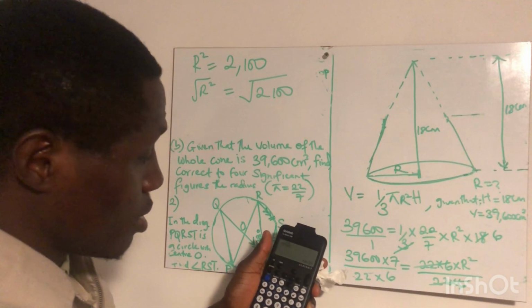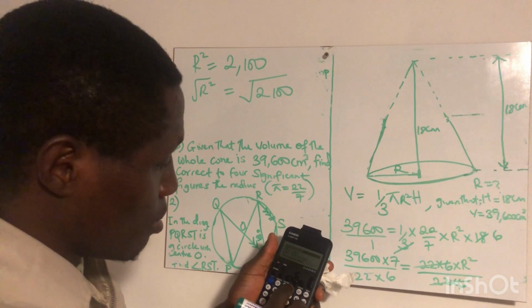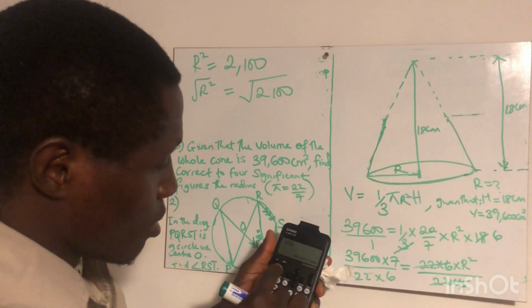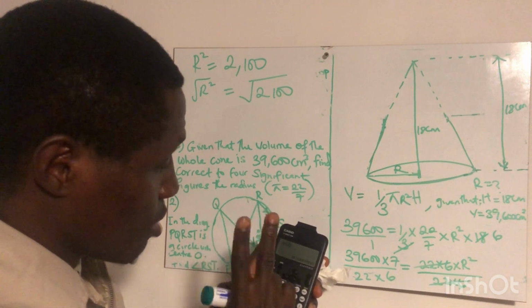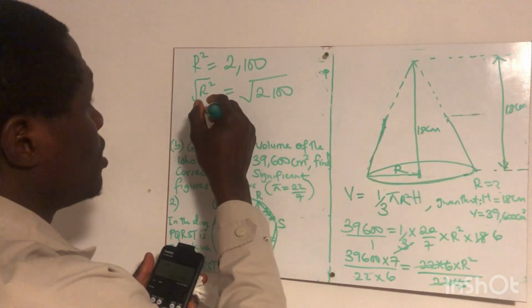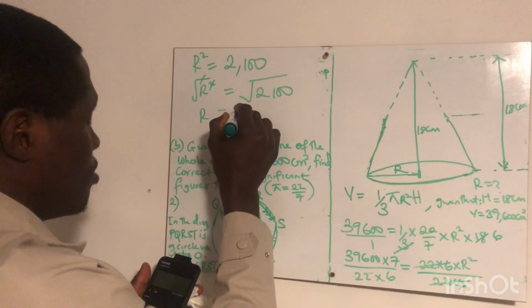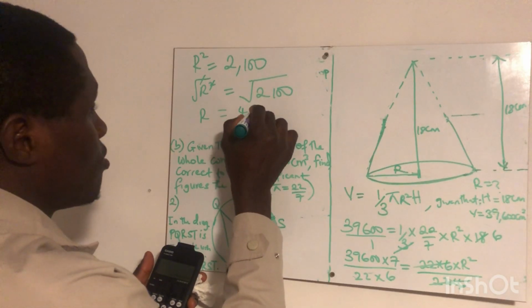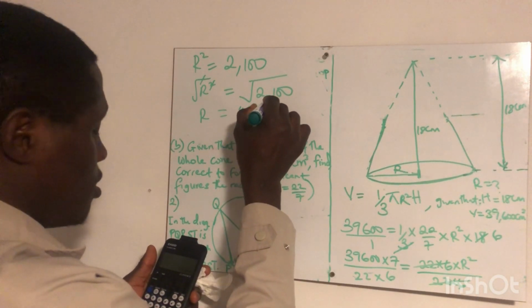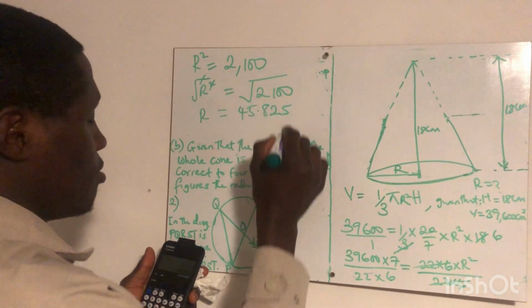It gives me what in surd form, but I will have to express it in decimal form because the question says 4 significant figures. So this one is number 1. This R will be equal to 45.825.